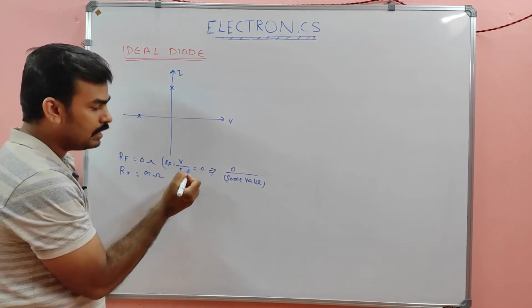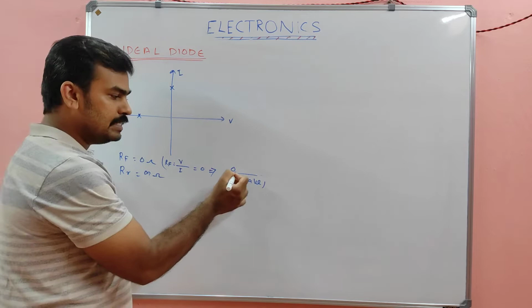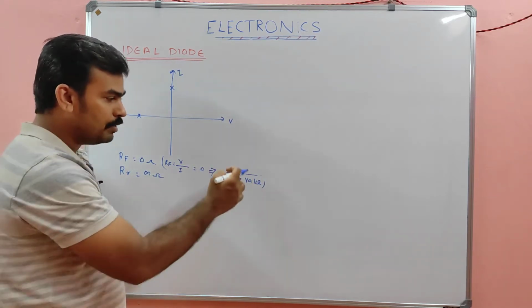RF is nothing but V by I, which is equal to 0 divided by some value. Am I right?